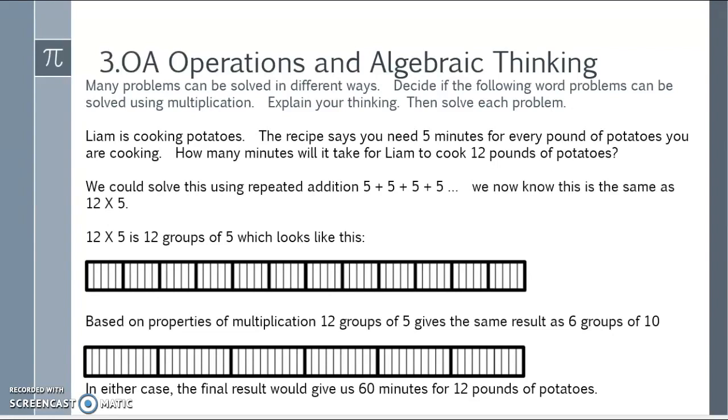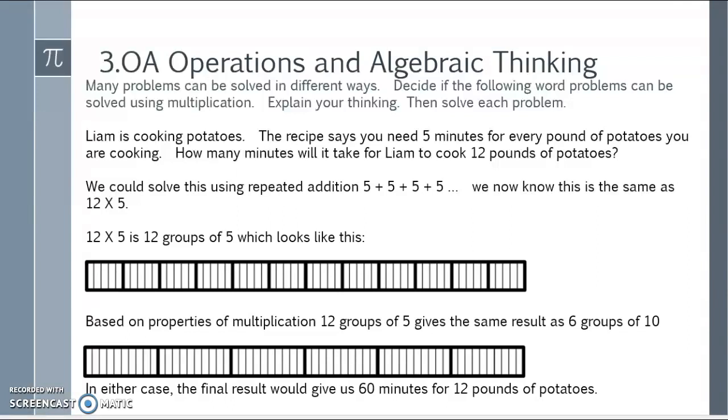Based on properties of multiplication, 12 groups of 5 gives the same result as 6 groups of 10. So notice that we took 12, halved it into 6, and then I took 5 and doubled it to 10. And 6 times 10 is much easier to think about than 12 times 5, which may be a rote memorization.